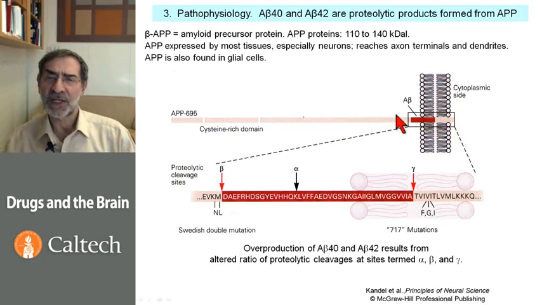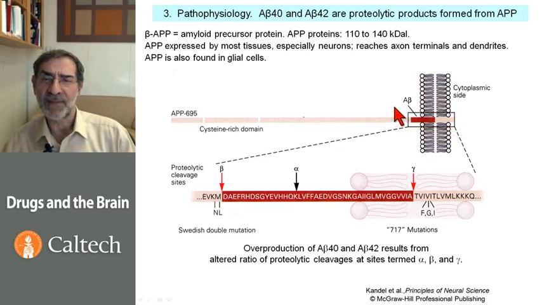And the pathological part of APP is thought to be a set of smaller peptides called A-beta that are released from the full-length APP by proteolytic cleavage. So there are three proteolytic cleavage sites, alpha, beta, and gamma.